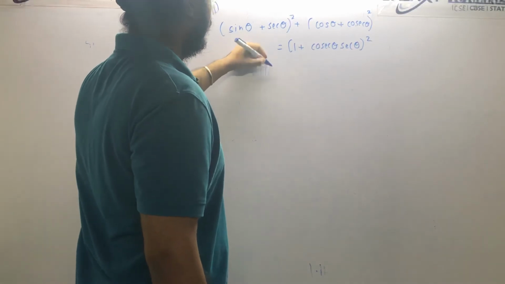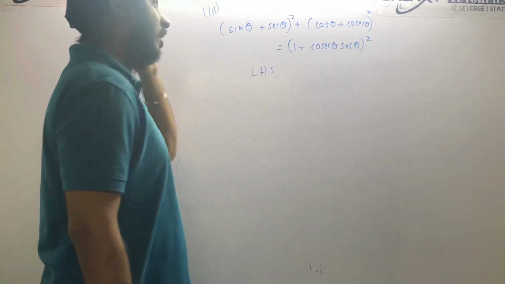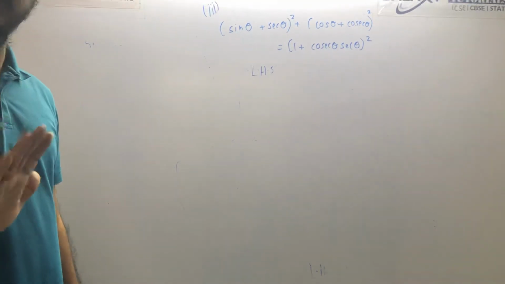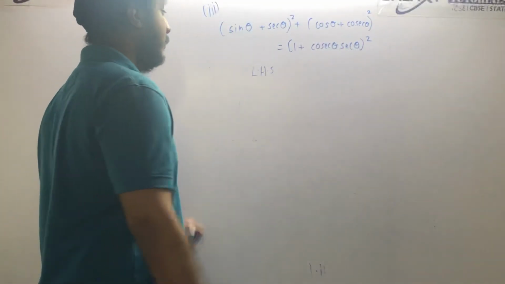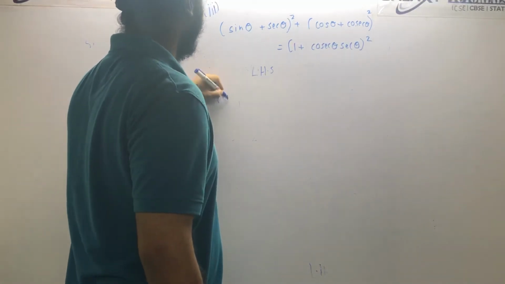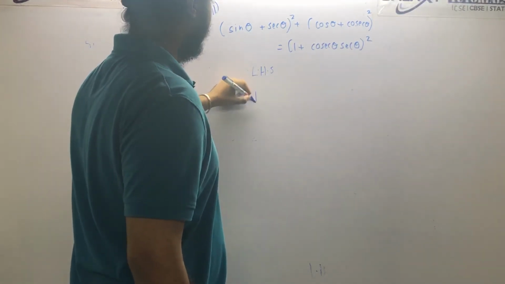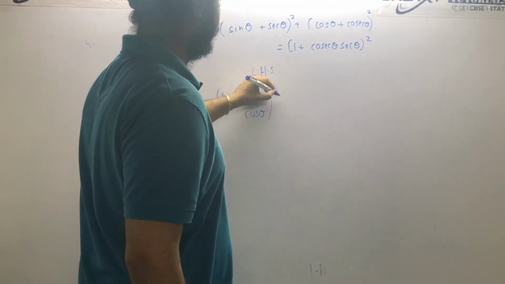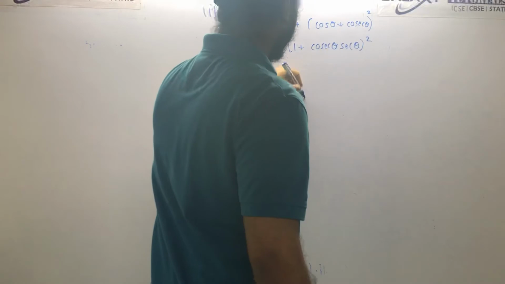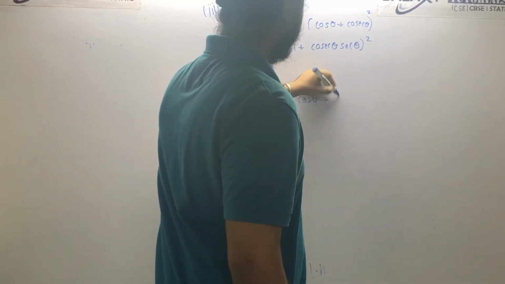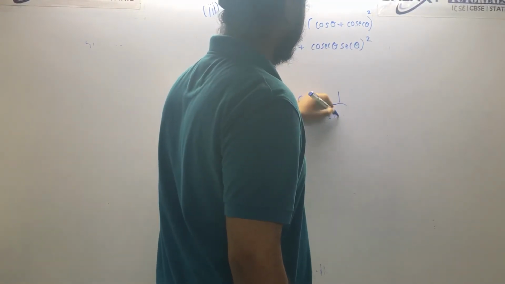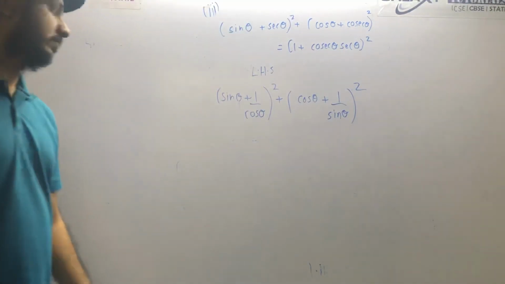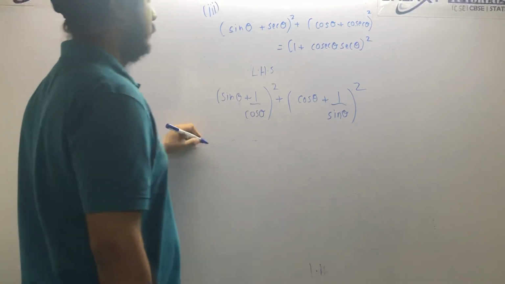So always do one thing when you proceed: convert the sec, cosec, everything, convert all the functions into the form of sine and cos as much as you can. So you will write sine theta plus 1 upon cos theta whole square. Okay, just take the LCM now.